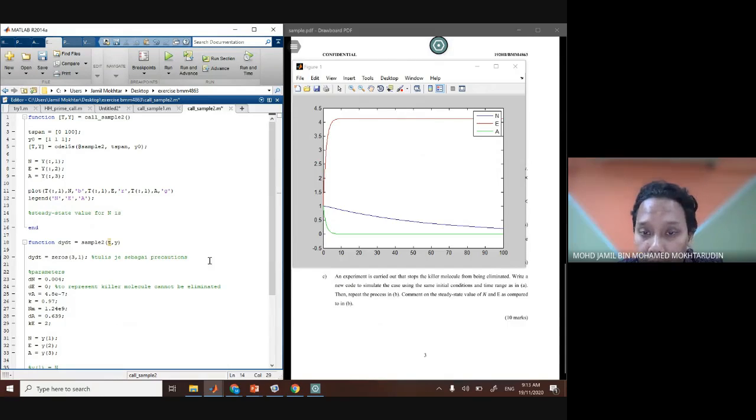So for N it's about, dia tak sampai steady state, so kita assume dia around 0.3. 0.3 and E is about 4, sorry, 4.1.